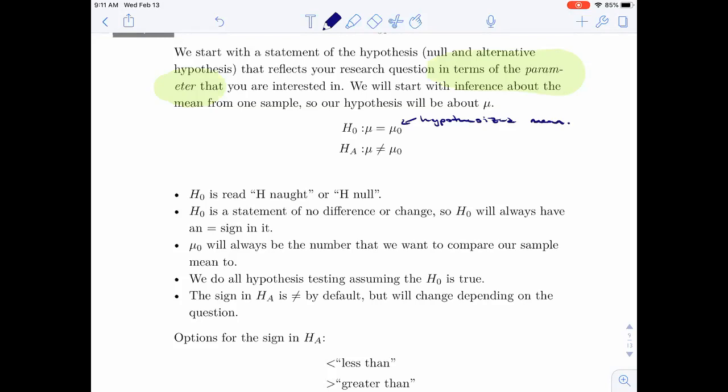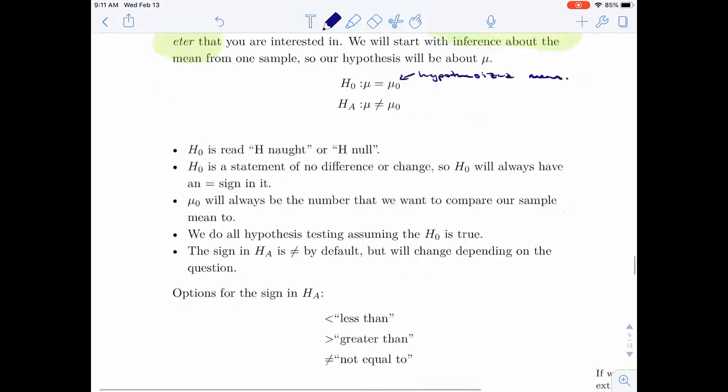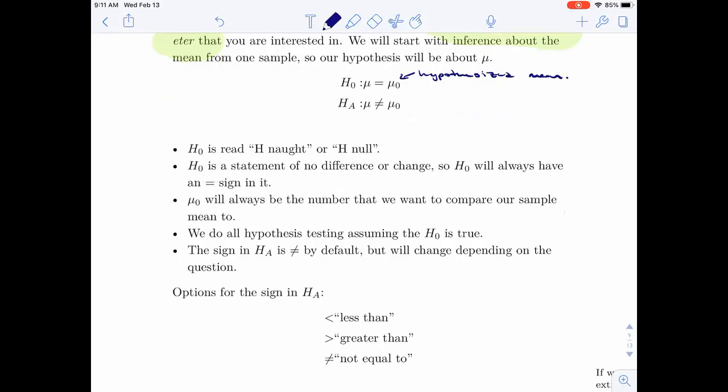A key thing to keep in mind is that we do all this testing assuming that the null hypothesis is true. And so what that means is that if the null hypothesis is true, what we're assuming is that mu is equal to mu sub 0.